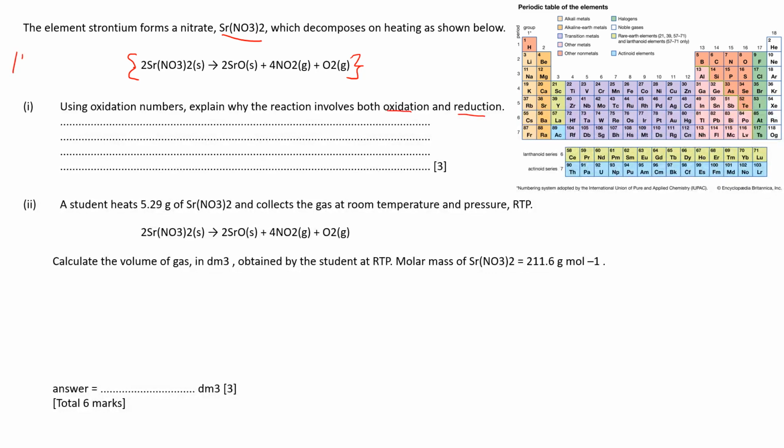Otherwise it's always -2 in a molecule, and it's always 0 in its elemental state. So we can quickly show that oxygen went from -2 to 0, so it was oxidized. Its oxidation state increased by 2.